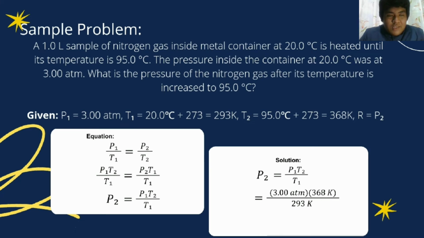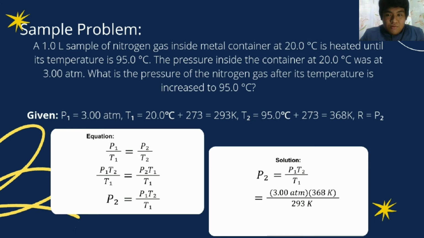It is over the initial temperature because we need to get the final pressure. So to do that, we need to eliminate on the right part the T sub 1. So after that, we will have P sub 2, or our final pressure, equals P sub 1 times T sub 2 over T sub 1.